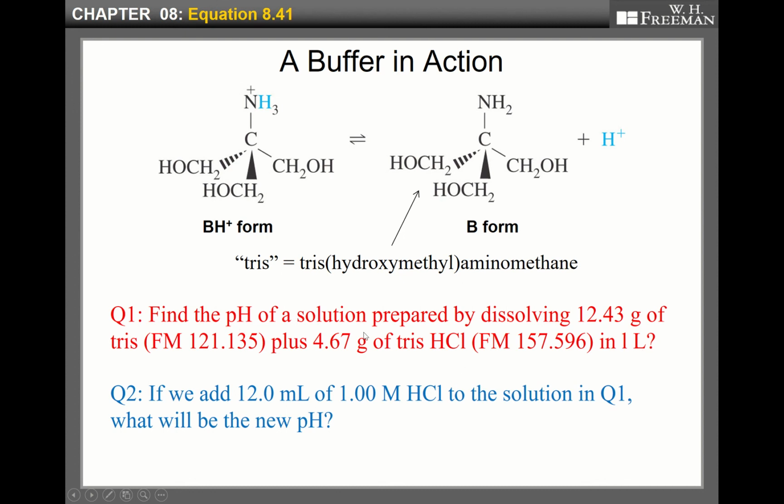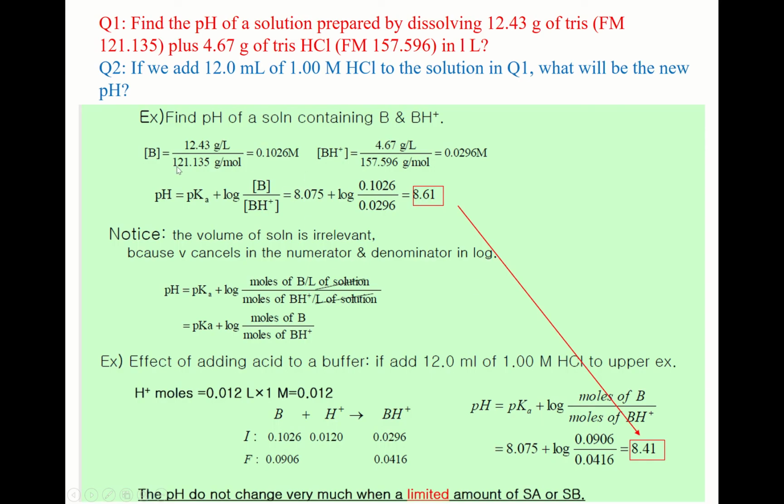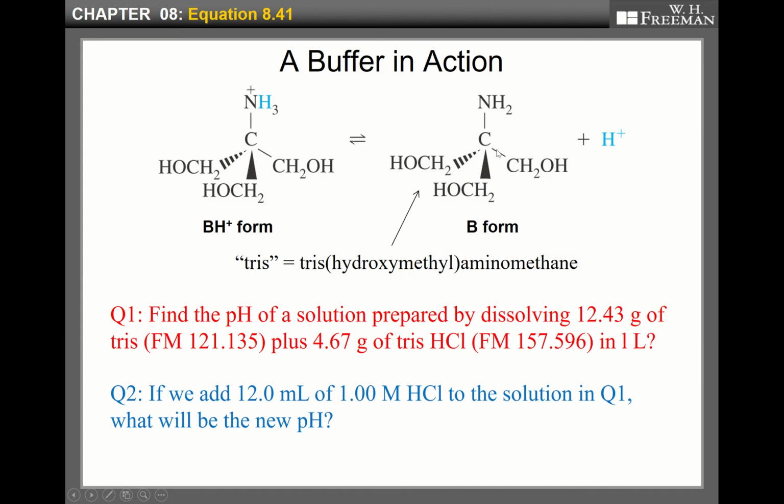Find the pH. The pKa for this one is already known here: 8.075. To apply the Henderson-Hasselbalch equation, you have to know the concentration of this form and this form.